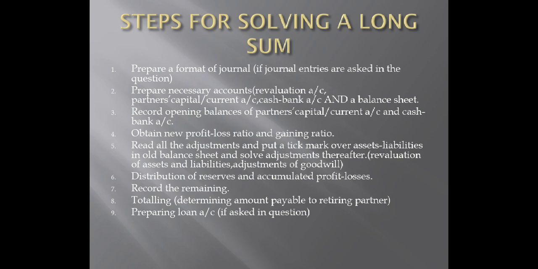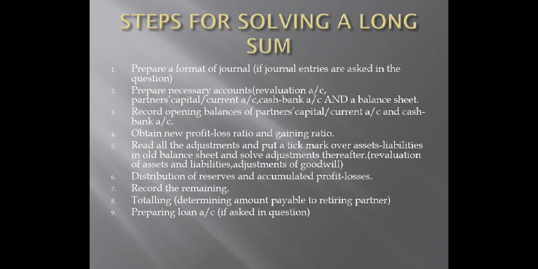Yeah, so the fifth step and the most important step is you are supposed to read all the given adjustments and you will put a tick mark over the assets and liabilities in the old balance sheet. What does this mean now?